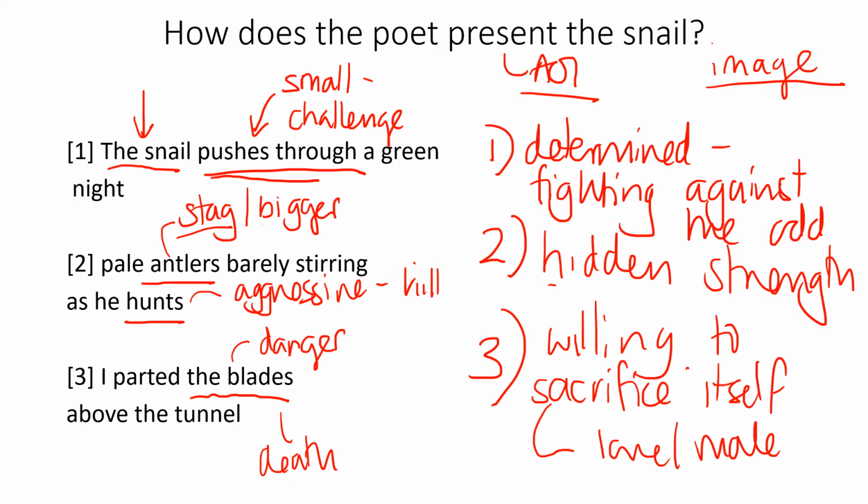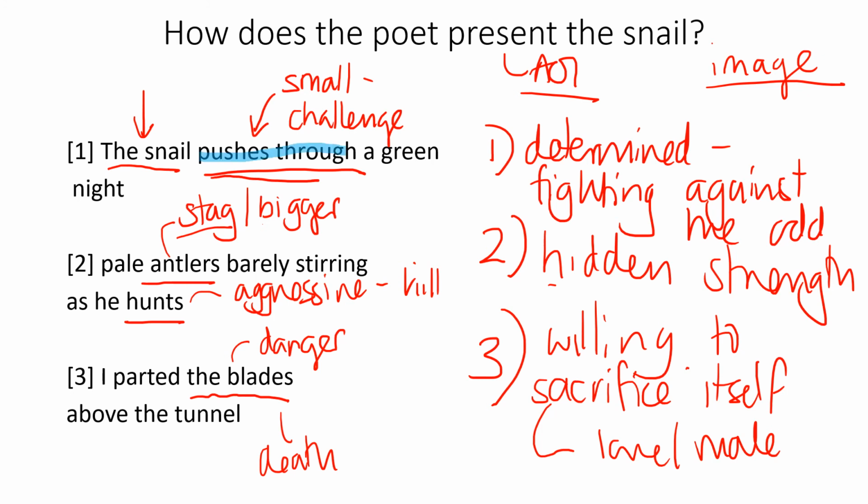So we've got our images, we've got our ideas, and then we can link those now to the choices that we've got and then explore them further. So if I just change the highlighter, you can see, as we've got here, what shows that he's determined, or the fact that he pushes through.